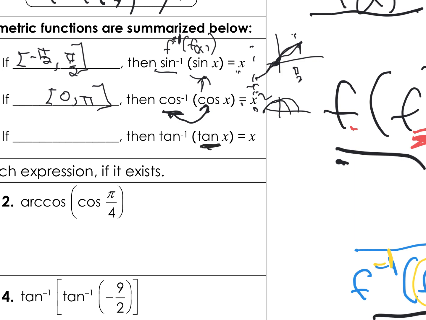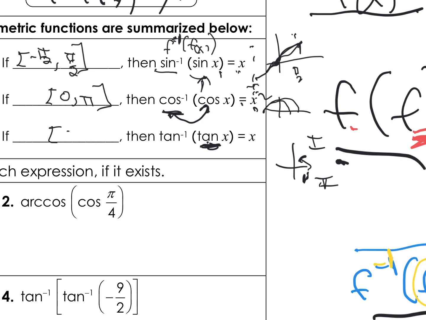The tangent function, we did use it, we just didn't graph it. We take the same restricted domain as sine. So this also used quadrant 1 and quadrant 4, positive angle, negative angle.